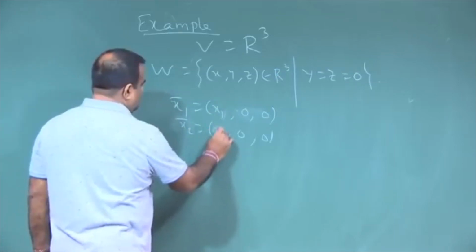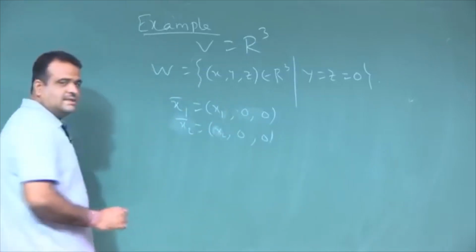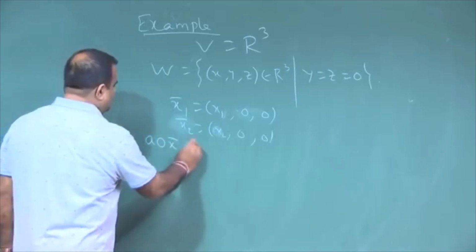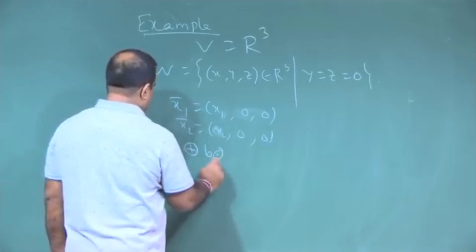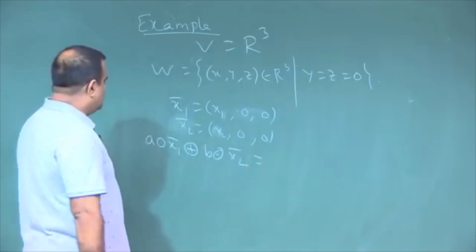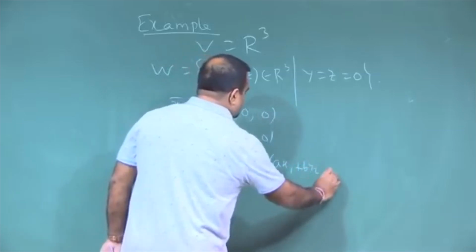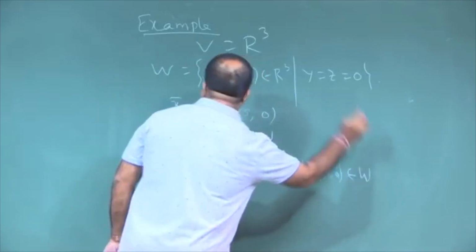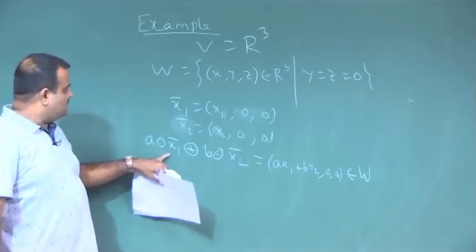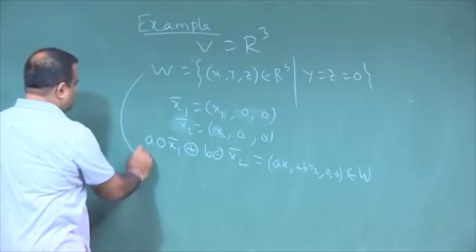Now, if you take two scalars a, b, then a x bar plus b x 2 is basically again a x 1 plus b x 2, 0, 0. So, this belongs to W, and this is true for all such scalars a, b and all such vectors x 1 and x 2. So, this means this is a vector subspace.